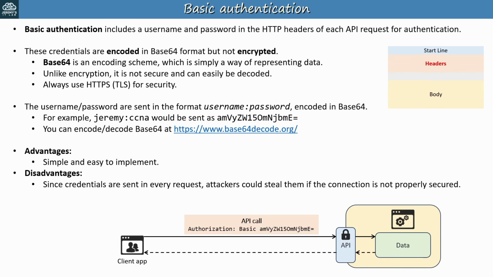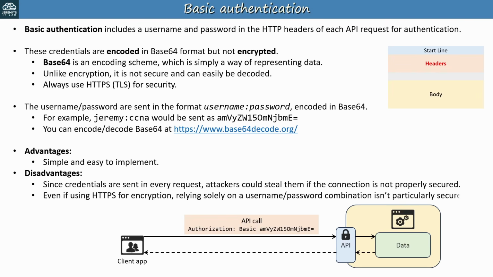HTTPS is essential when communicating over the modern internet. You shouldn't use regular HTTP. But even if using HTTPS for encryption, relying solely on a username and password combination isn't particularly secure. If an attacker gets access to the credentials, whether through social engineering or another attack, they get access to the API.